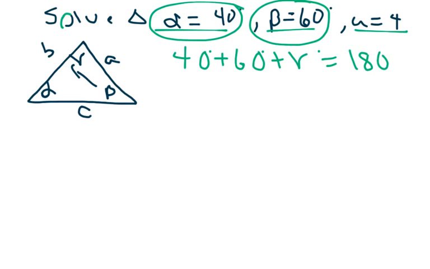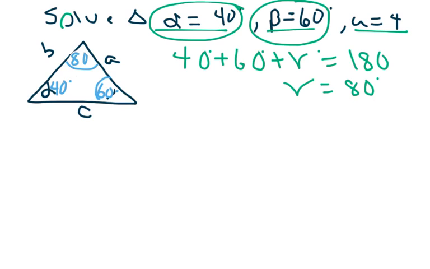So we know that gamma equals 80 degrees. Let me erase this a little bit and put this in here. So alpha was 40, gamma is 80, and my beta is 60 degrees. So those are the angles here. Now I have to find the sides.